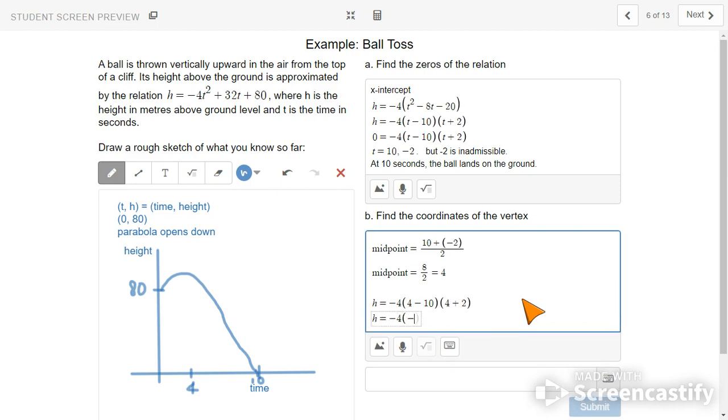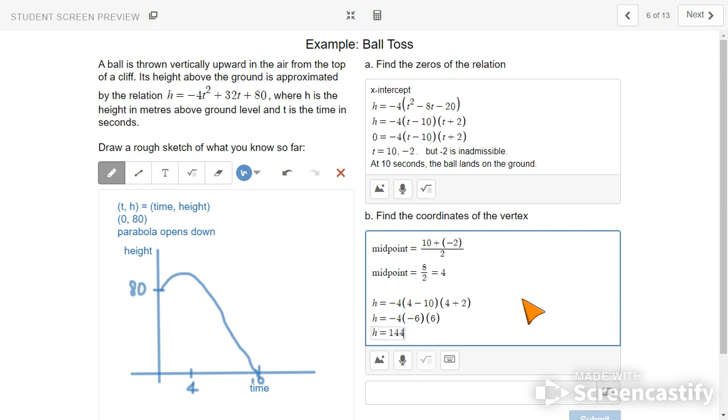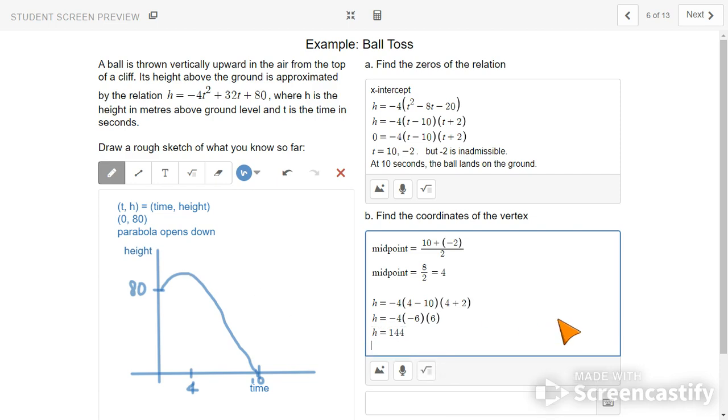H is equal to -4 times -6 times 2. H is equal to 144. So what that tells us is the maximum height is 144 meters, and it's reached 4 seconds after release.